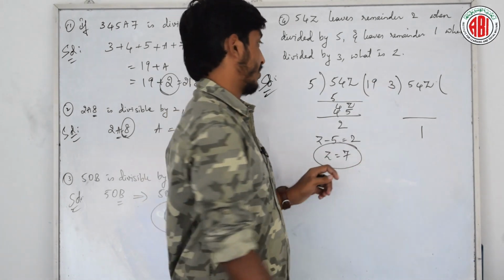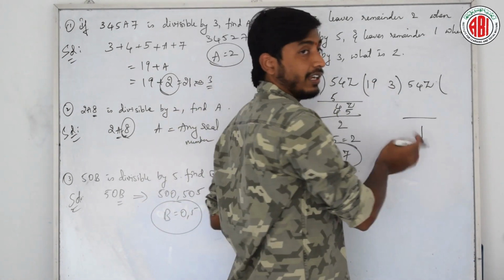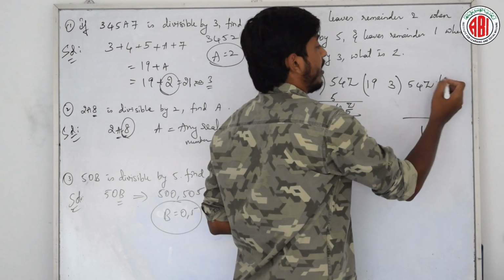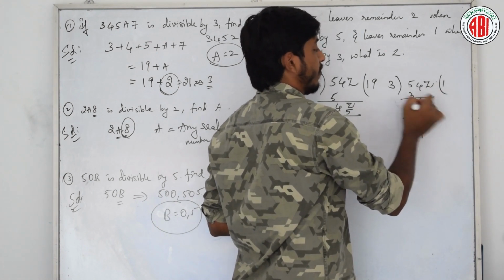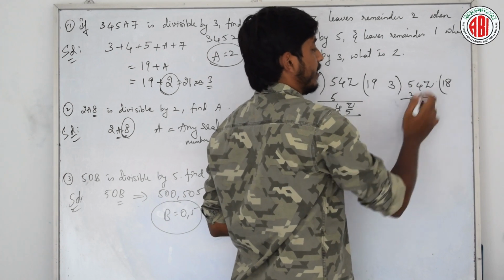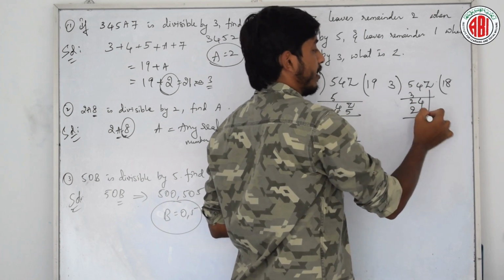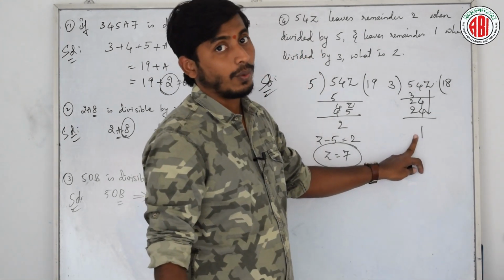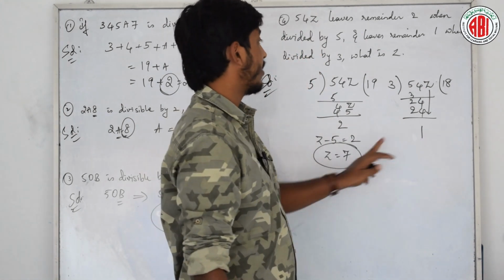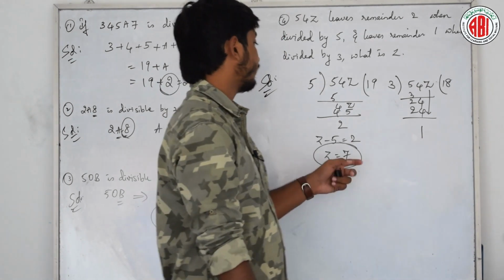Clear? We can even check here also. Then we'll correlate it. 3 ones are 3, 2 is left, 4, 3 eights are 24, whatever it is there, that is Z. Now check.